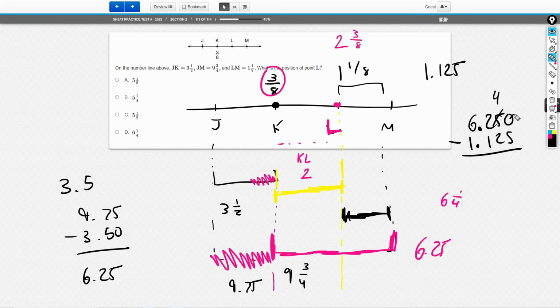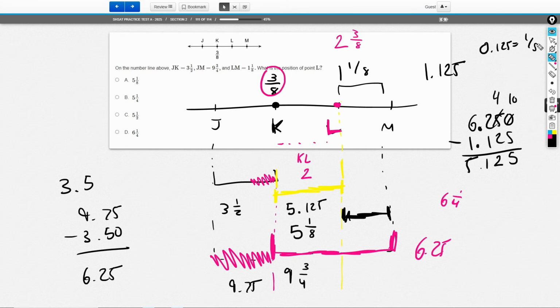This is 4, this turns into 10, that turns into 5, this turns into 2, 1, 5. The distance between K and L is 5.125 or 5 1/8. Remember that conversion. I told you, I don't lie, guys. I told you that conversion is important.